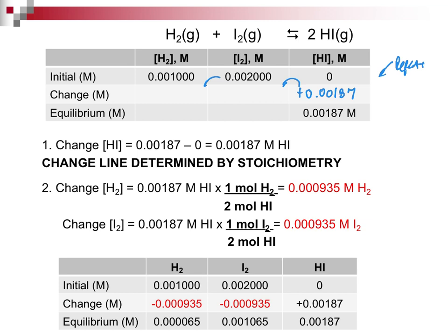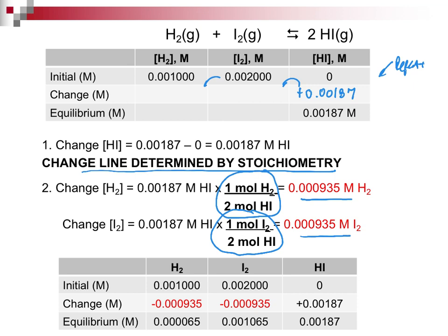Well, I wasn't sure everybody could. So I want to say that the change line is determined by stoichiometry. I know it's 1 mole of H2 for every 2 moles of HI. That gives me my numerical value of H2. I know it's 1 mole of I2 for every 2 moles of HI. That gives me my numerical value for I2.